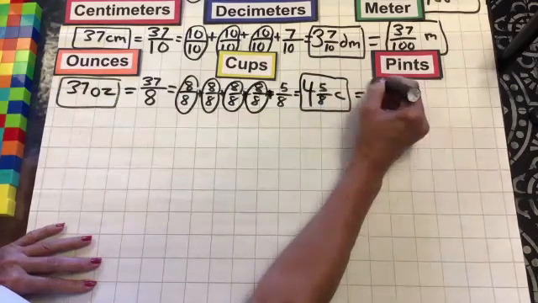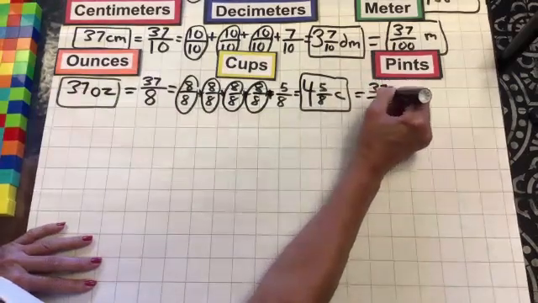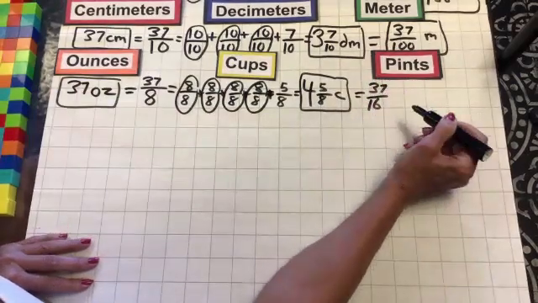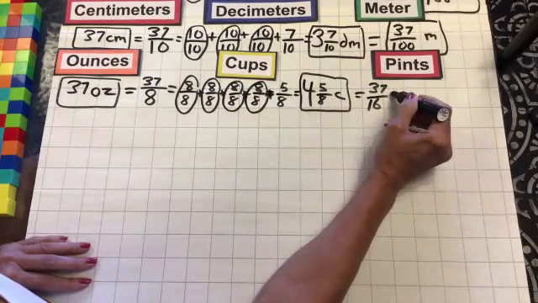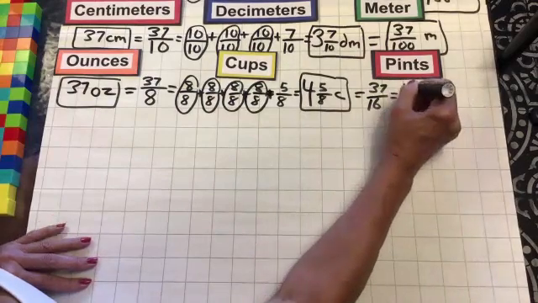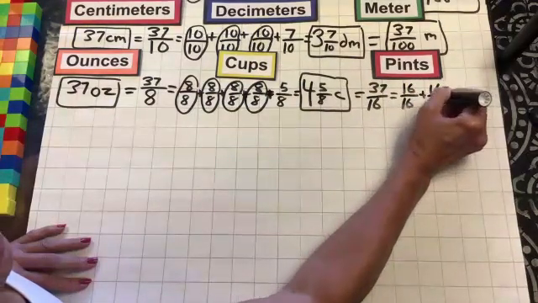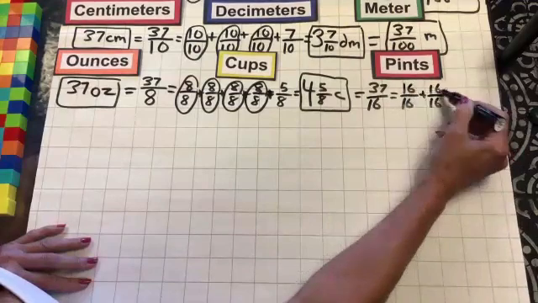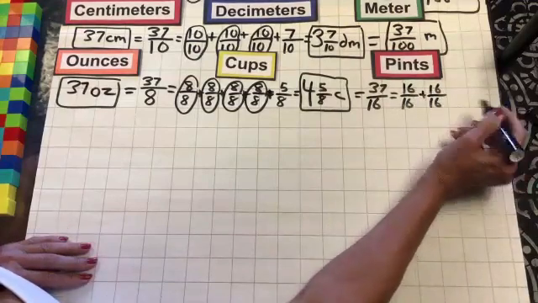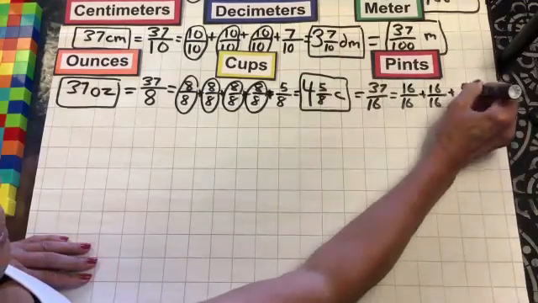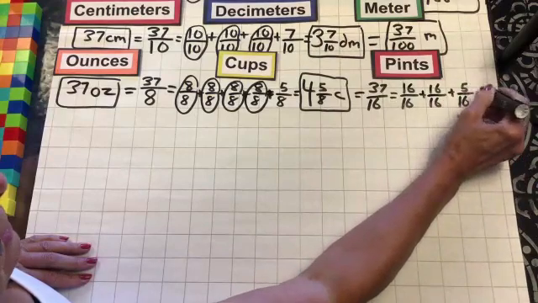Let's see how many pints. So we have 37, and it takes 16 ounces to make a cup, or I'm sorry, a pint. So we're going to make that into an addition problem as well. 16 over 16 plus 16 over 16. We know 2 16ths is 32. So we still have 5 more to go, 5/16.